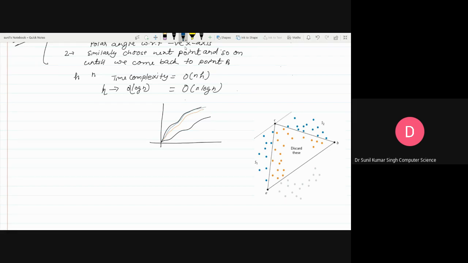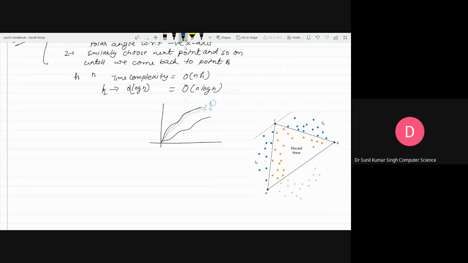So here, can you tell me, this is 1 and this is 2, which one is asymptotically tight? One is asymptotically tight, right?